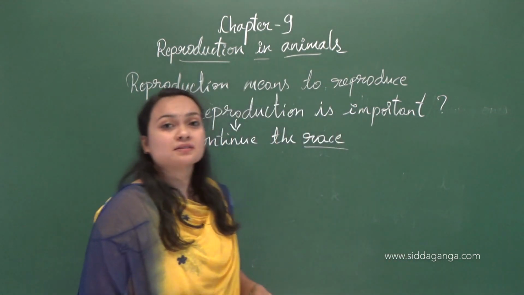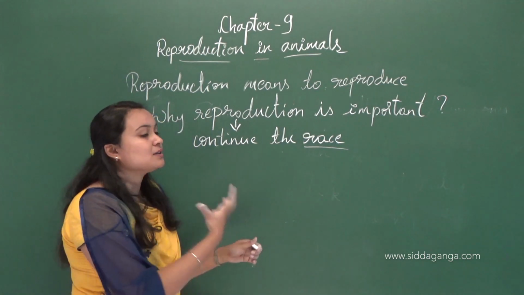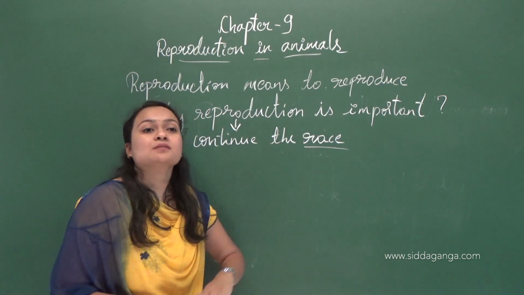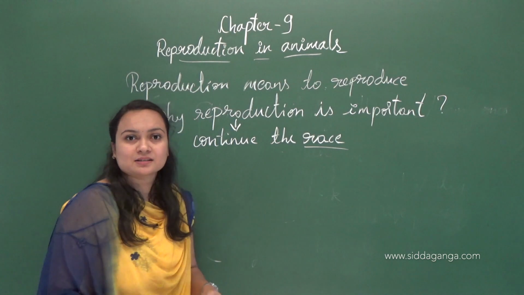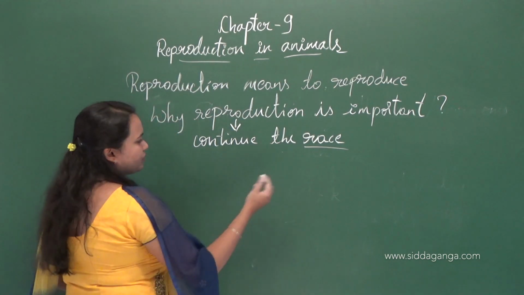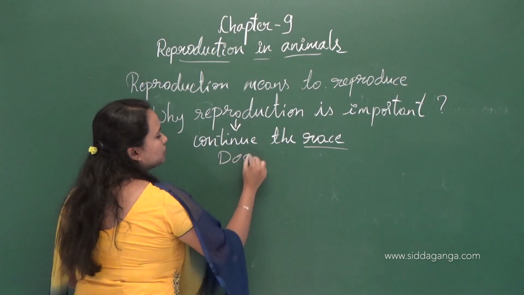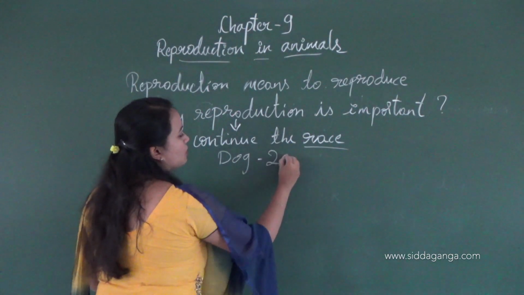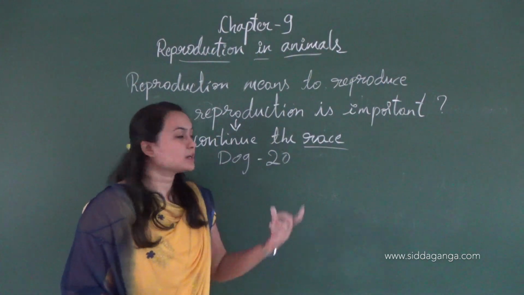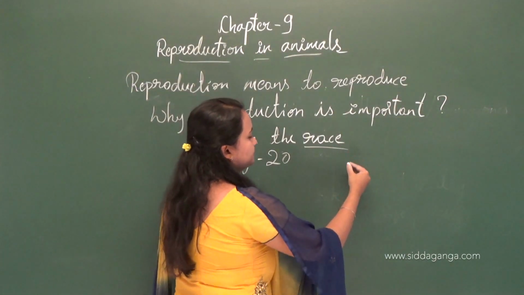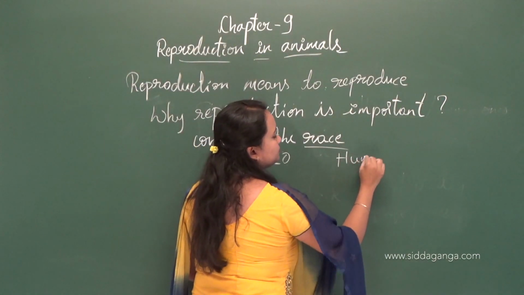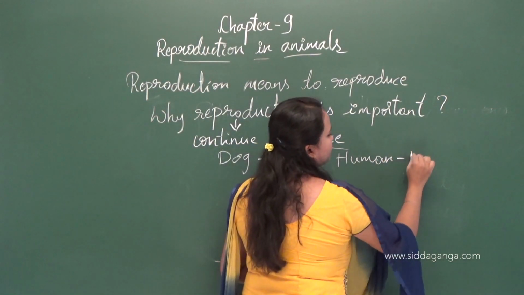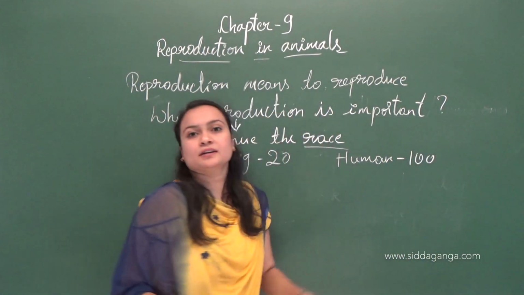Why must living organisms continue their race? For example, a dog will live for 20 years, right? And a human will live for 100 years.